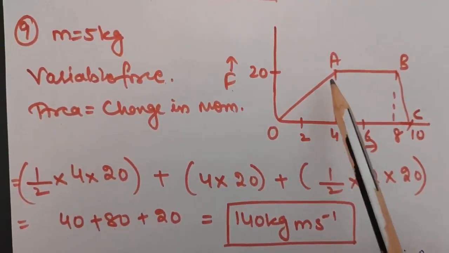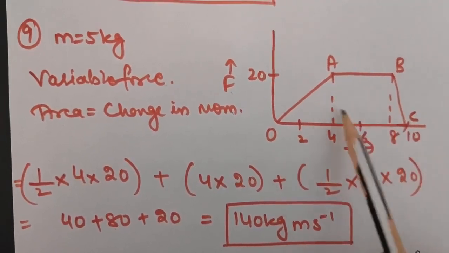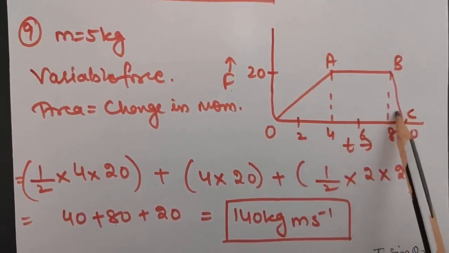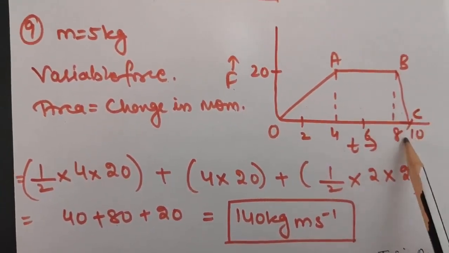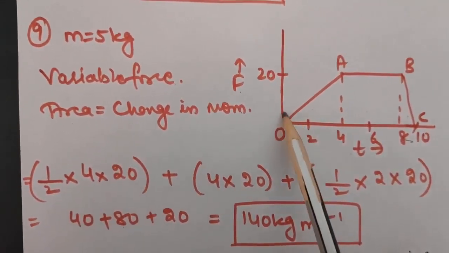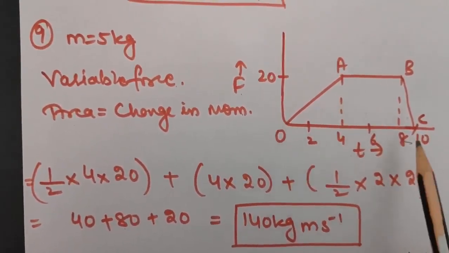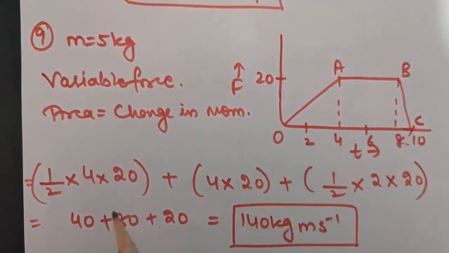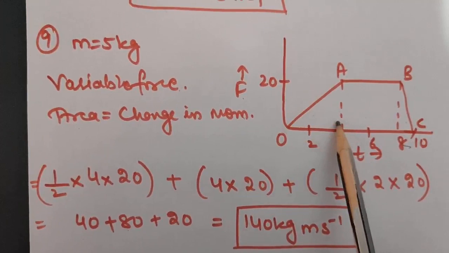So as you can see, this is one triangle, this is one rectangle, and this is another triangle. So just use the formula of area of all these three and you will get the change in momentum at the end of 10 seconds. Okay. So see, because at this point it is 0 only, so the area will give you the momentum gain in 10 seconds. Okay, so its area will be half into base into height.